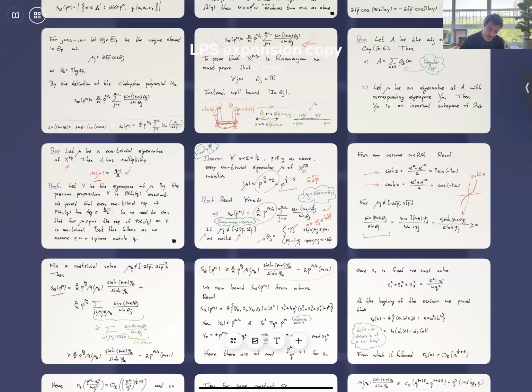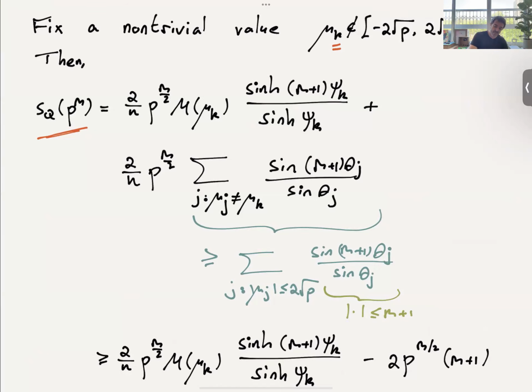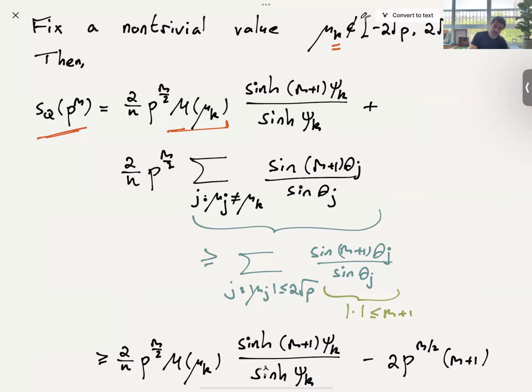So we are going to take out the kth element, all eigenvalues that have the same magnitude as mu k. And remember, we denoted the multiplicity of mu k by m of mu k, which we know is large. That's going to play a role at the end.